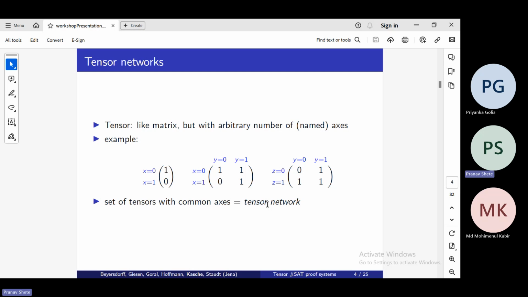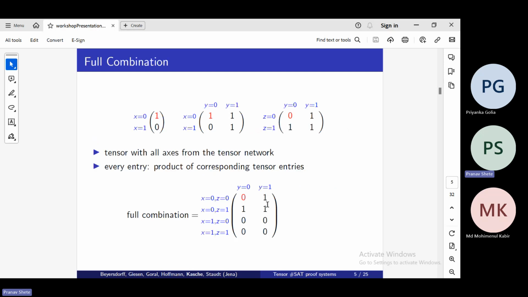And a set of tensors that have some axes in common is called a tensor network. And in such a tensor network, there are a number of operations. So one operation that's important today is full combination, which yields again a tensor. And it's kind of a product of the input tensors.